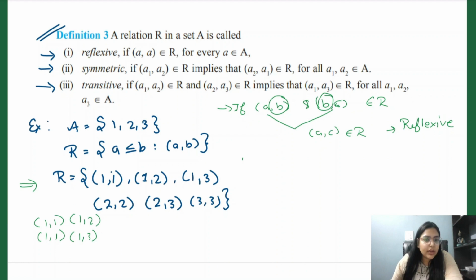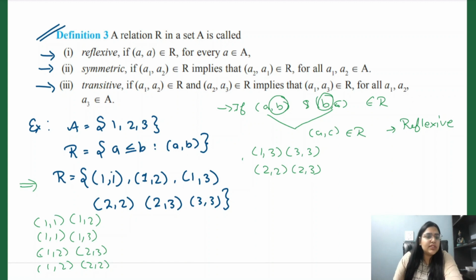If we are looking at more, it will give us 1 2 and 2 3, 1 2 and 2 2. We have some more here, that is 1 3 and 3 3, 2 2 and 2 3. In case I missed any, you can also cross check it to see how well you are doing.